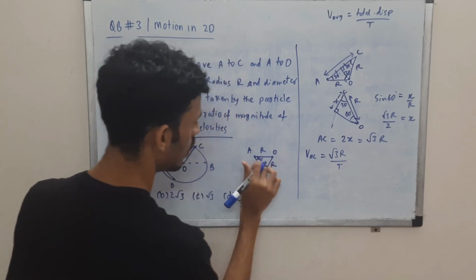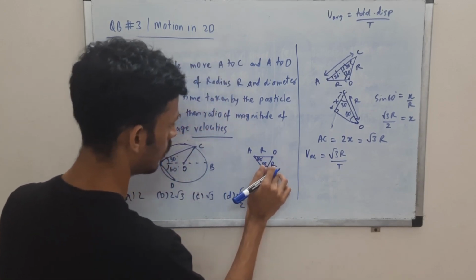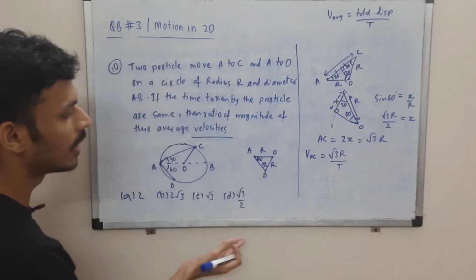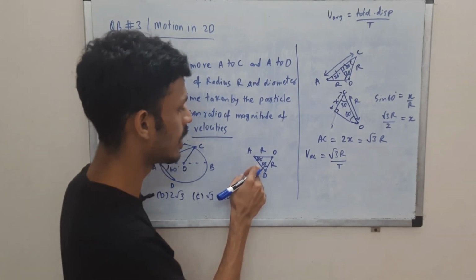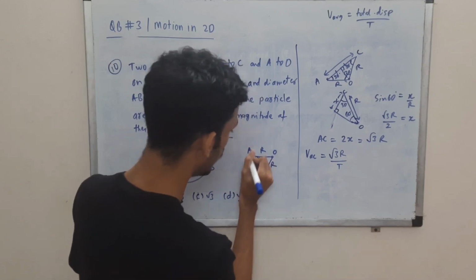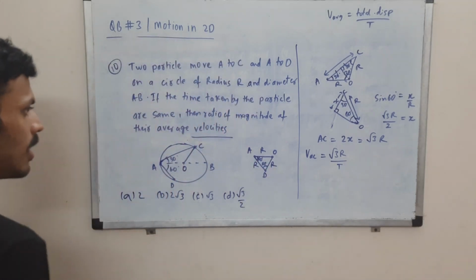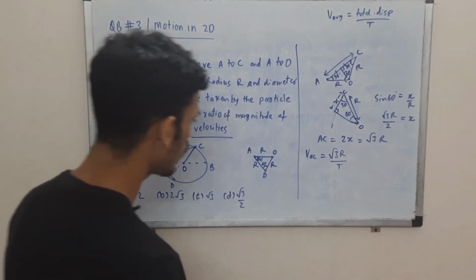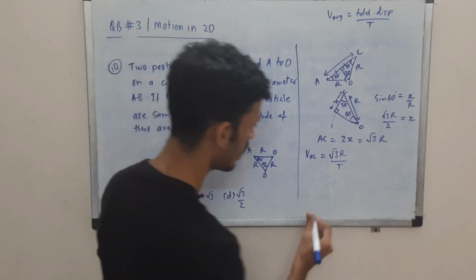Angles, isosceles property, the equal sides, opposite angles are equal. So 60, 60, basically this is an equilateral triangle, right? This will be also 60, and so equilateral triangle meaning this side will be also R. Everything becomes 60. So this AD distance is R.